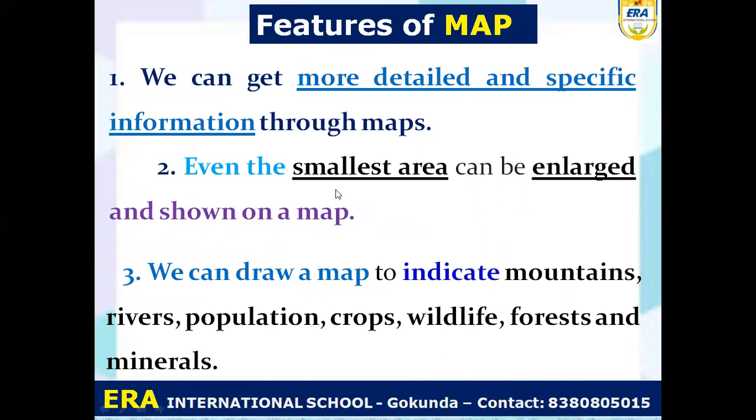Means for a small area we can prepare a large size of map. And third one is that we can draw a map to show the mountains, rivers, population, crops, wildlife, forests, and minerals. Means different types of natural elements can be shown with the help of a map.